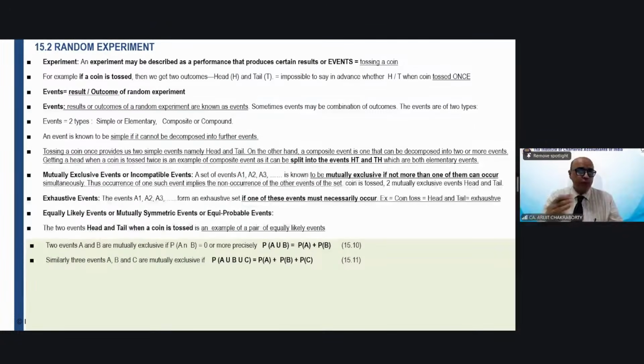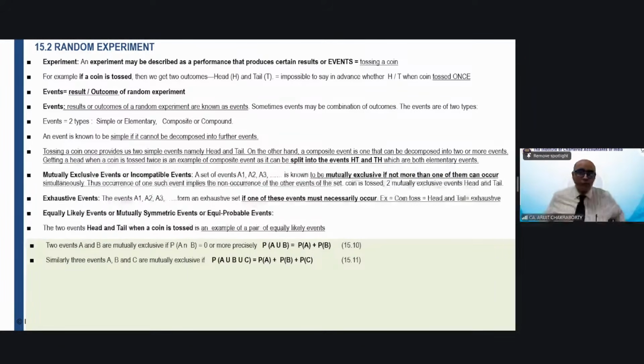That means in case of mutually exclusive events, you can have two or more such events. But more than one of them cannot occur simultaneously. And as we saw, the occurrence of one event automatically implies the non-occurrence of the other events.